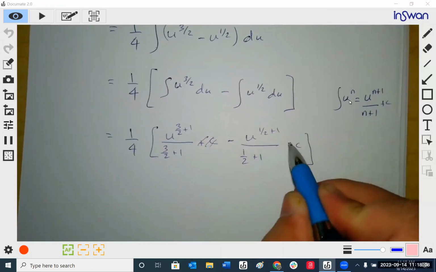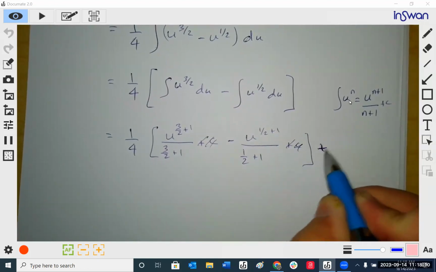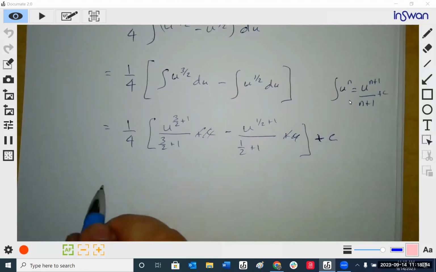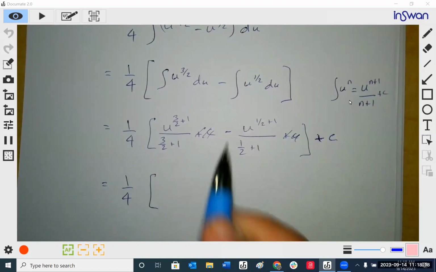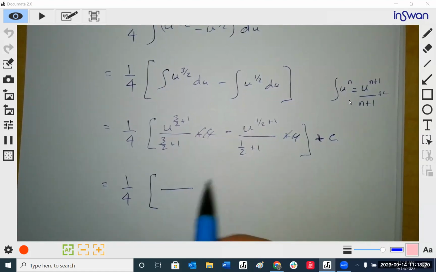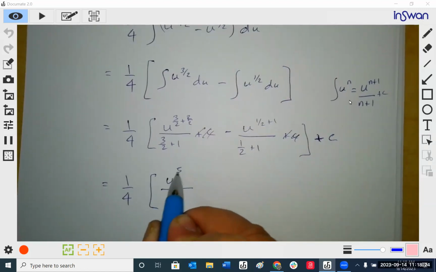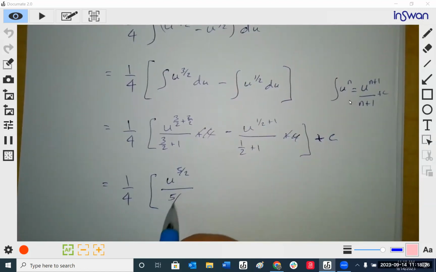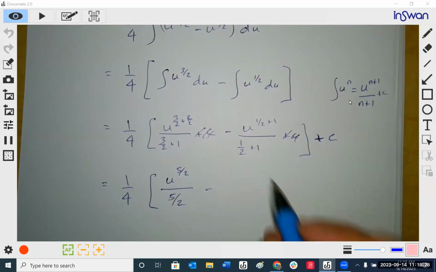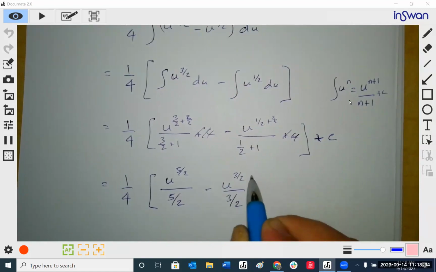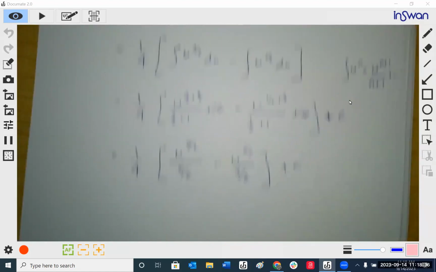Since these are constants, we can just put them out here. So this is 2/2, so it's u to the 5/2 over 5/2. This is 2/2, so it's u to the 3/2 over 3/2 plus c.